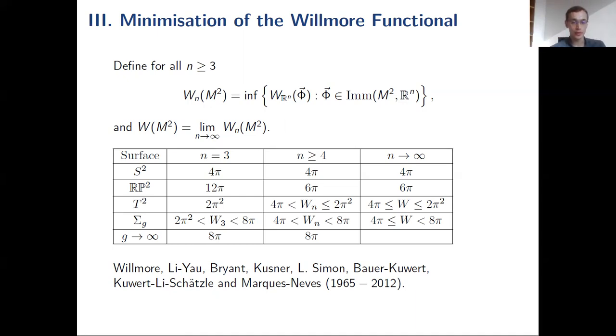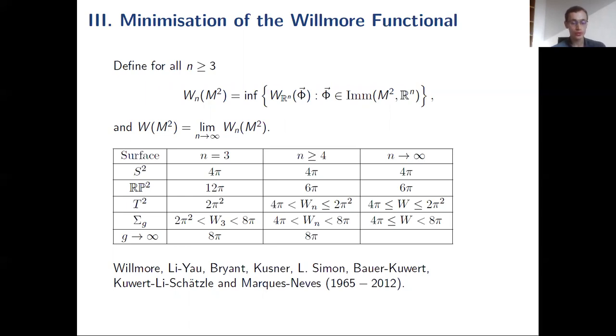And for the torus, it's probably the hardest case. It's a famous work of Marques and Neves in 2012, where they showed that the minimum of the Willmore energy for surfaces of genus at least 1 will be attained uniquely by this Clifford torus, or this Willmore torus, which is the same up to conformal transformation.